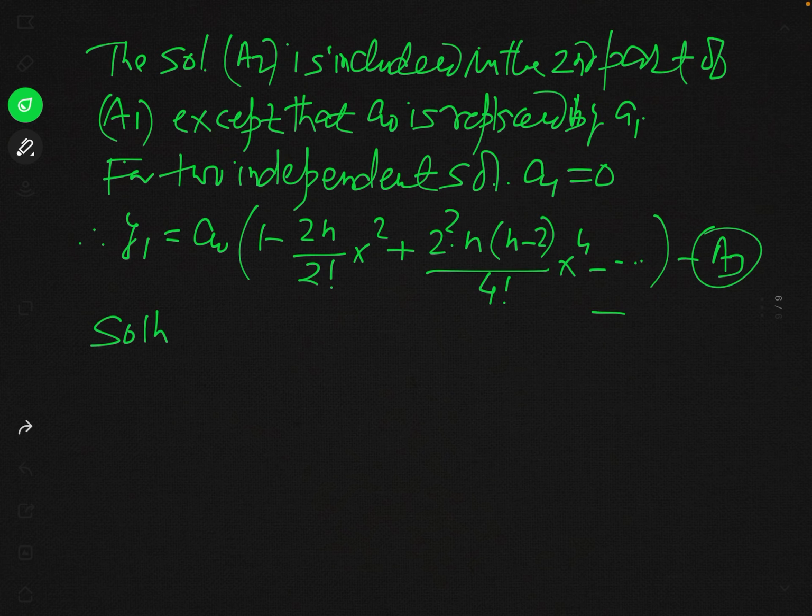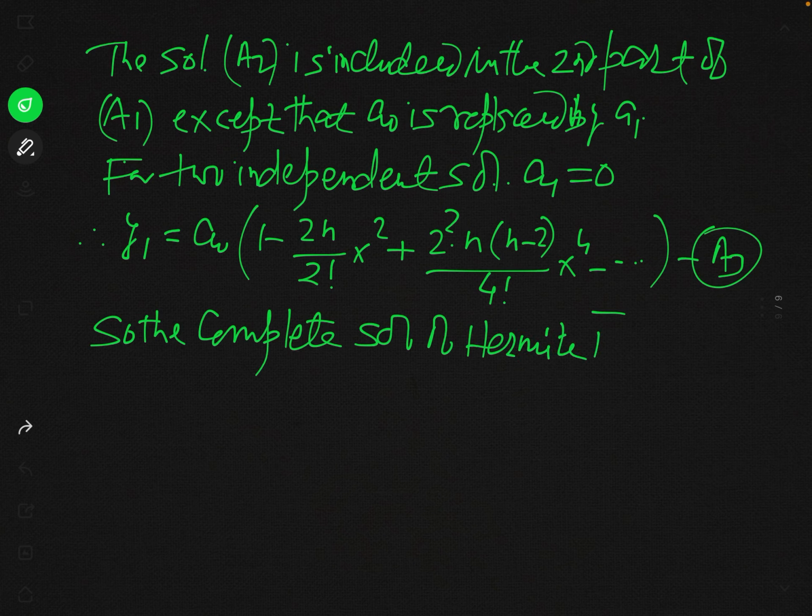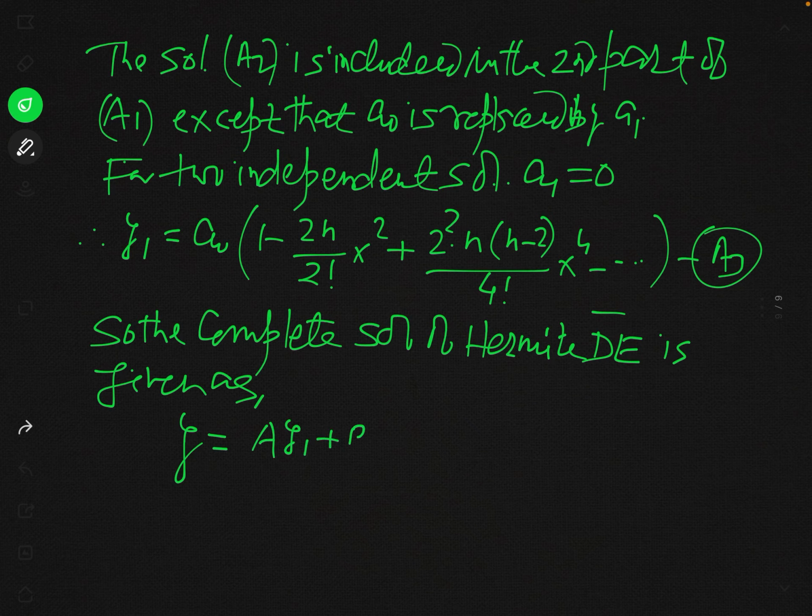So the complete solution of Hermite differential equation is given as y equal to a y1 plus b y2.